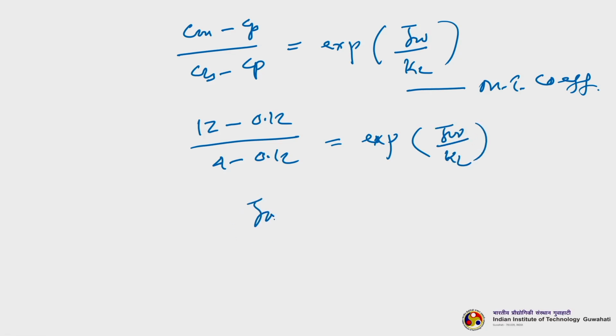So we will find Jw by Kl equals 1.119. We know what Jw is, so from here we can calculate Kl.